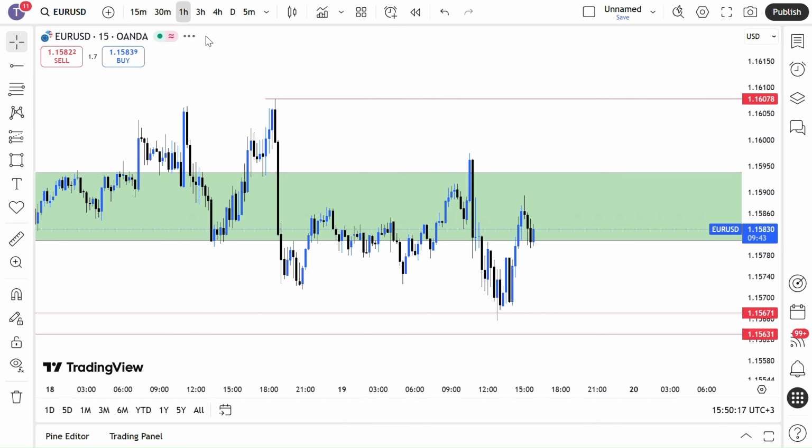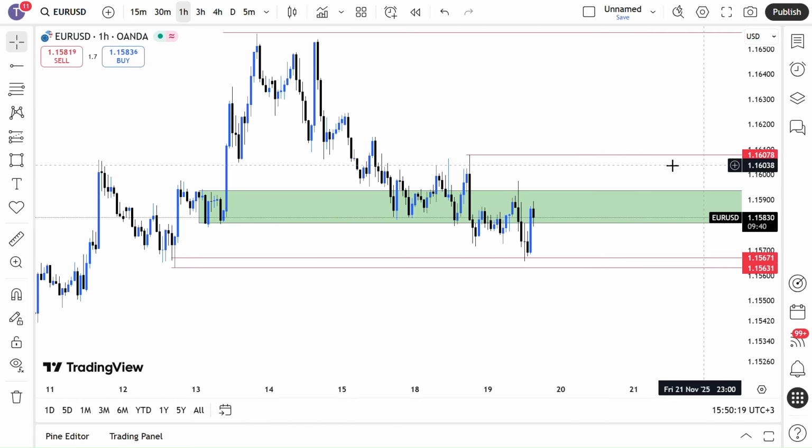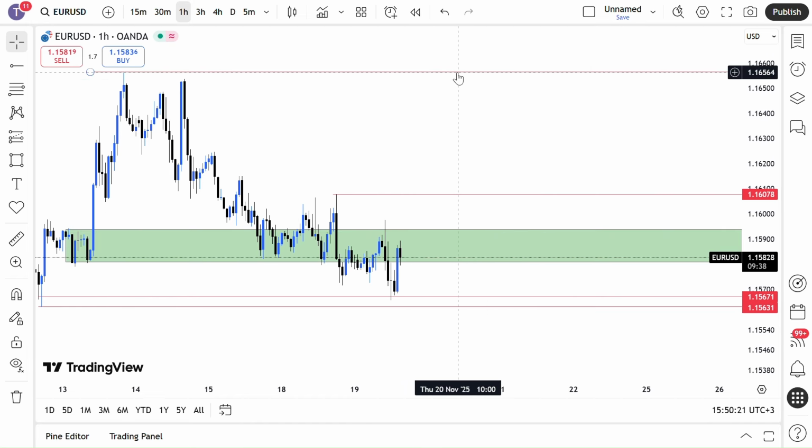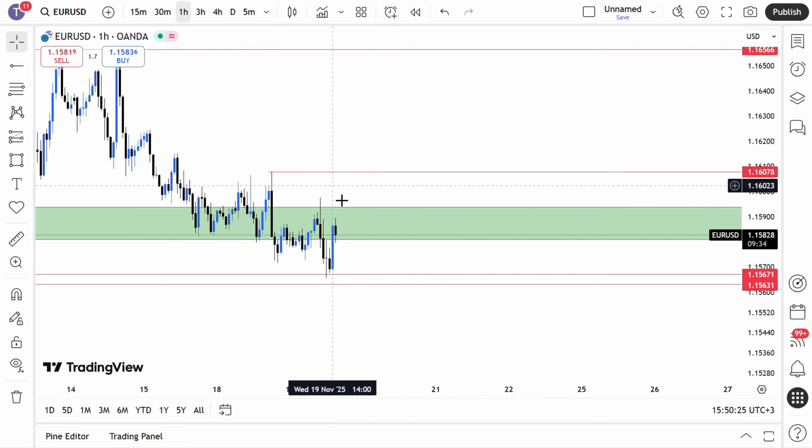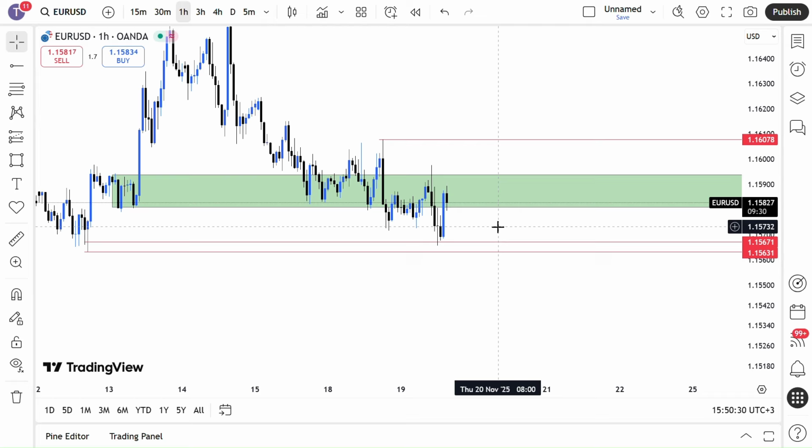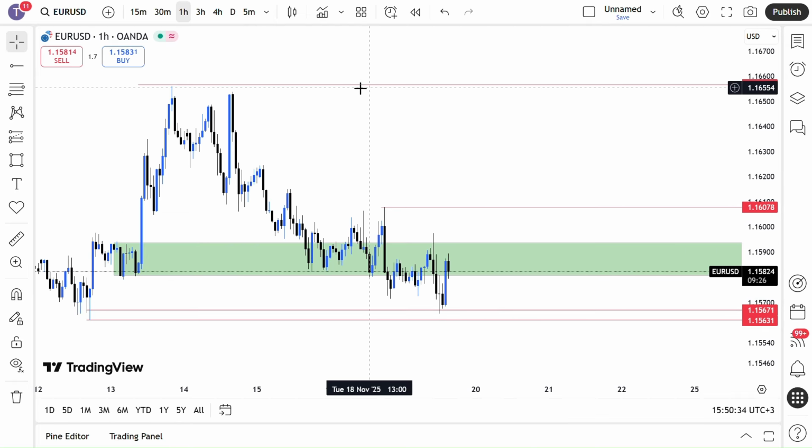Now I'll be sure that the market is willing to go to the upside to clear the external liquidity. So we will patiently wait for that confirmation and see if the market is willing to push to the upside.